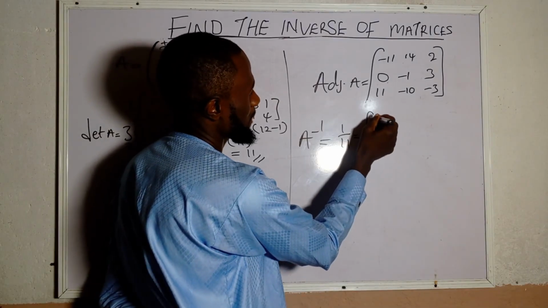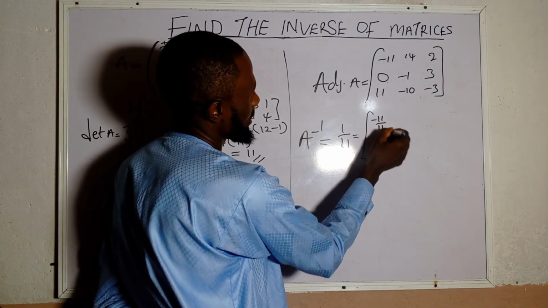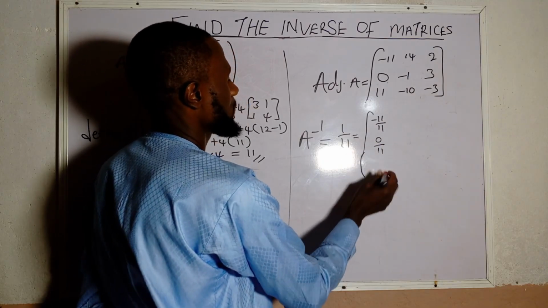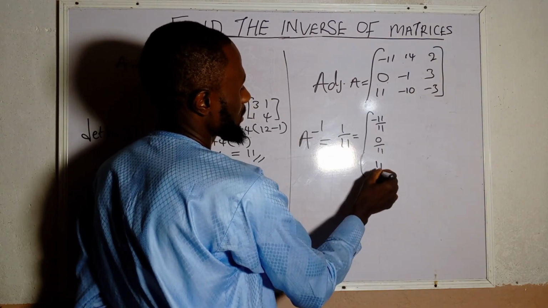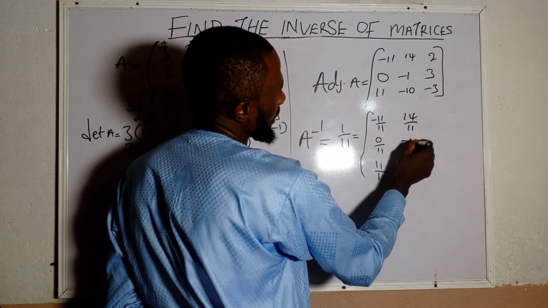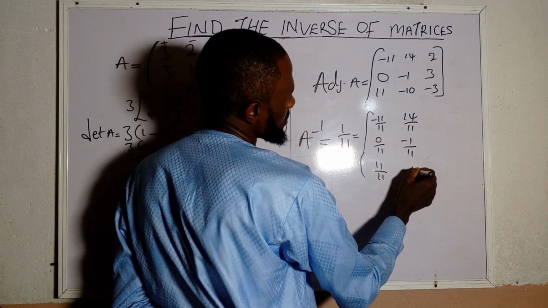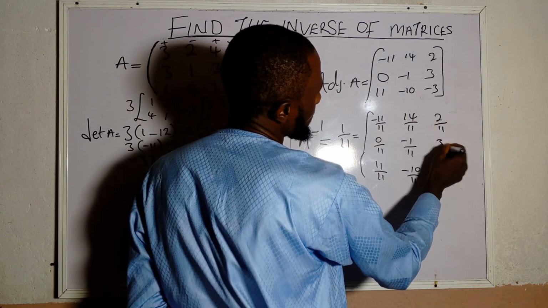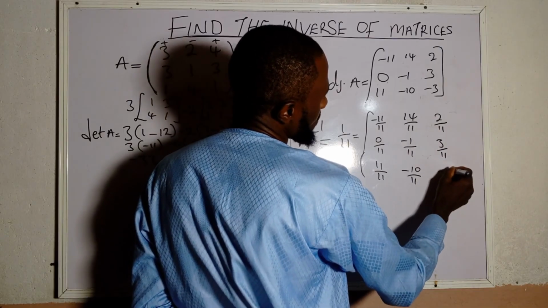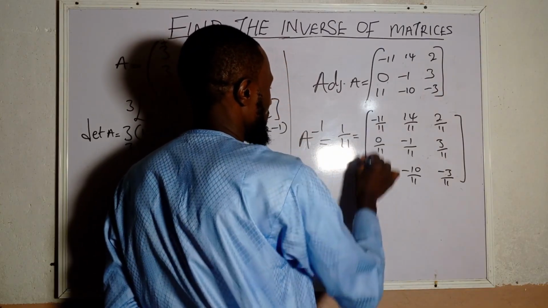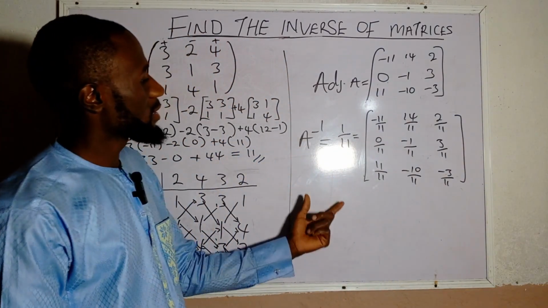Here we have minus 11 all over 11, 0 all over 11, then 11 all over 11, 14 divided by 11, minus 1 divided by 11, minus 10 divided by 11, 2 divided by 11, 3 divided by 11, minus 3 divided by 11. We divide all the numbers in the adjoint of A by 11.